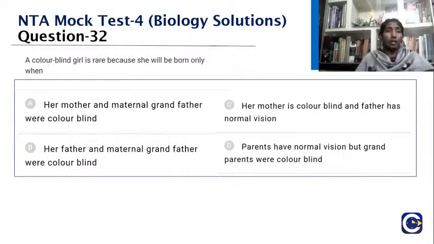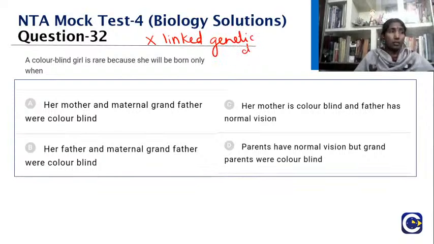So when will a girl child get colorblindness? It's quite simple. Color blindness is an X-linked recessive genetic disorder. That means the disorder is linked with the X chromosome. In boys, they have only one X, so a single defective gene is the reason that boys will have color blindness.